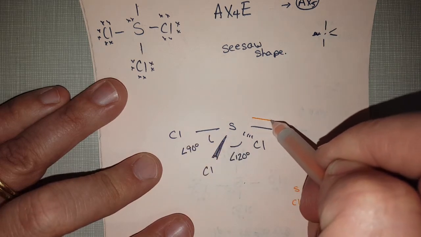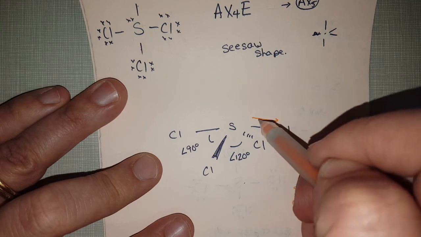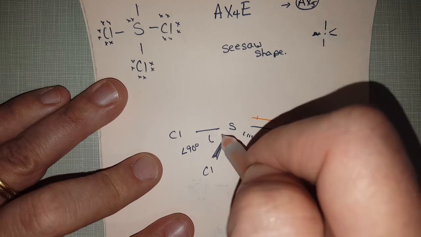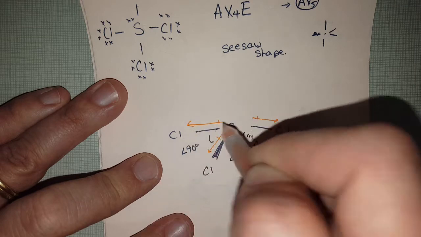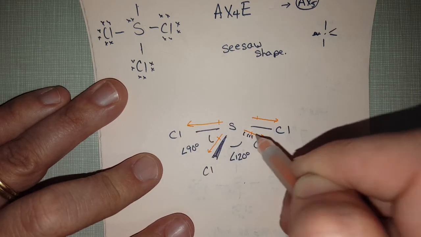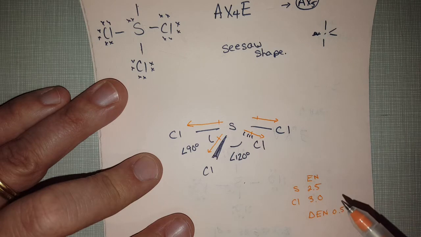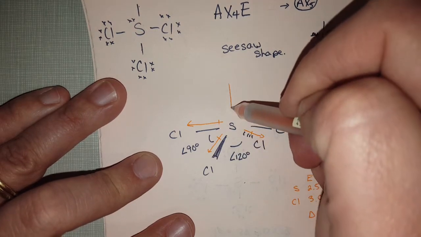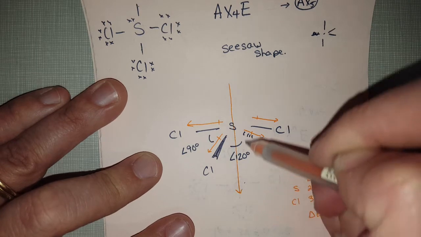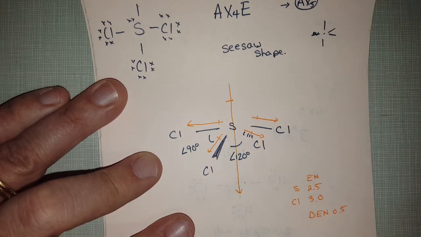And so, as a result, my electrons will be pulled that way slightly. These electrons will be pulled that way slightly. These will be pulled that way. So as a result, I see that I have a net pull away from the sulfur. And so this will give me a general overall dipole moment of approximately that.